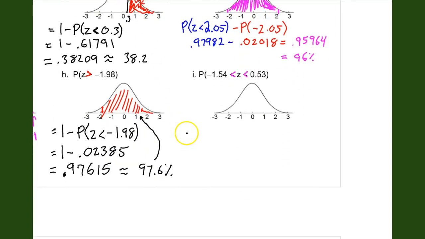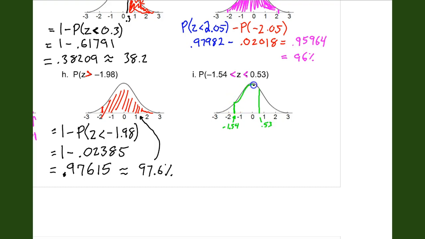Okay, lastly, let's do the graph first here. We have negative 1.54, so here's negative 1.5, so that's going to be good enough to estimate. And here we have 0.53, so that's about half. 0.5 is right about here.